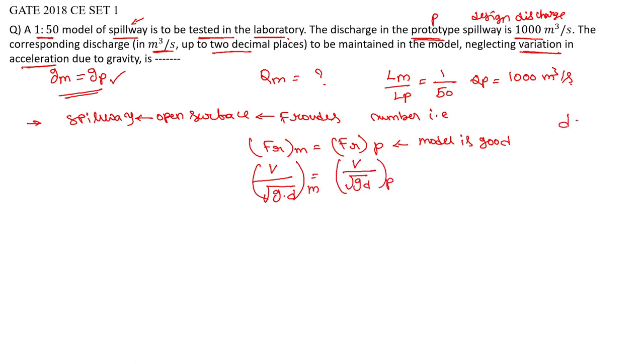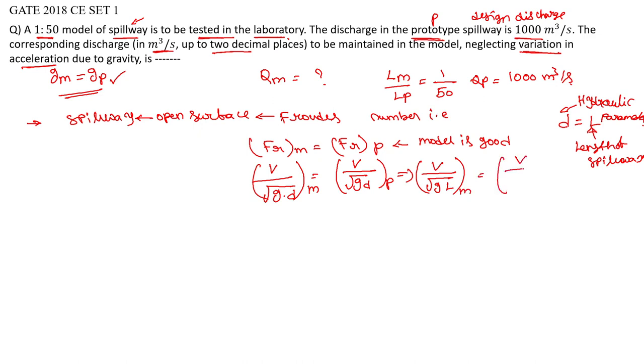Here d can be L, meaning the length of the spillway. In the Froude number, d is nothing but a hydraulic parameter, so we can consider this as L. So it can be replaced as V upon root over g into L of the model, equal to V upon root over g into L of the prototype.